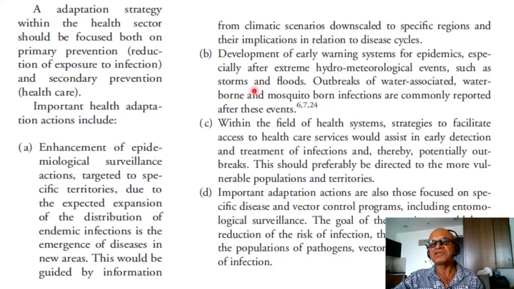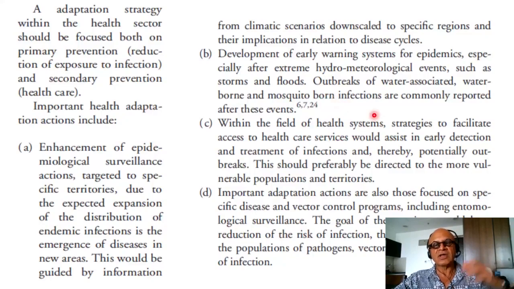Development of early warning systems for epidemics, especially after extreme hydrometeorological events like the massive flood that's happening in Delhi right now in July 2023, such as storms and floods. Outbreaks of storm-associated waterborne and mosquito-borne infectious diseases are commonly reported after these events.